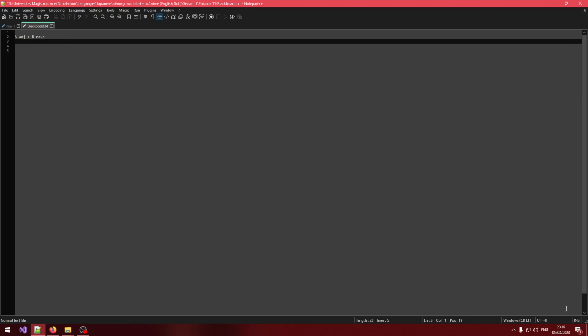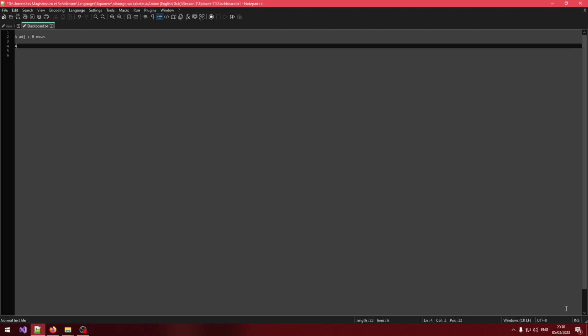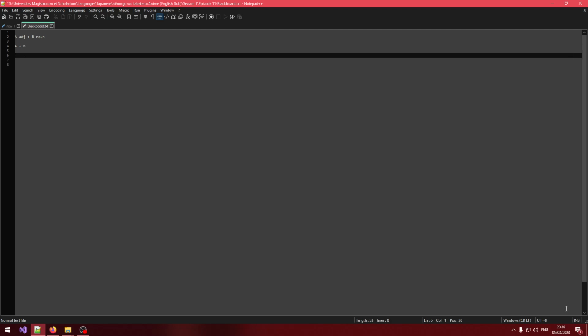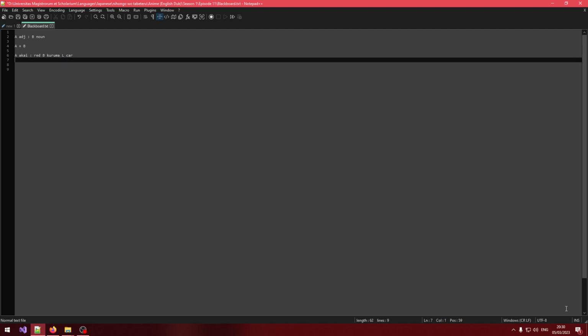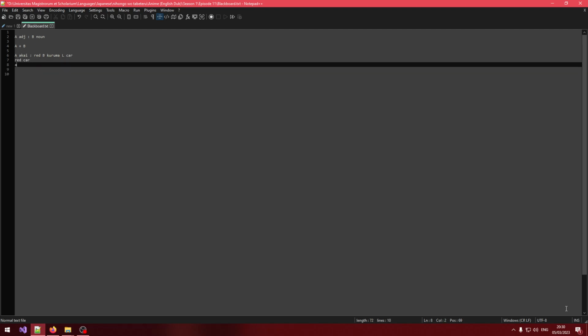Basically the grammar equation is just A plus B, where A could be akai, red, and B could be kuruma, car. Red car, akai kuruma, right?